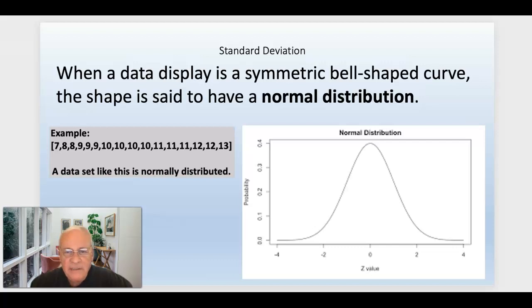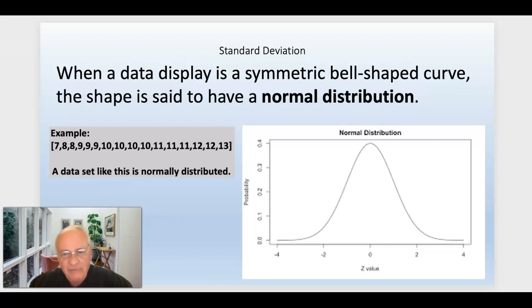Now, when data is symmetric, a bell-shaped symmetric curve, it's said to have a normal distribution. We're going to look closely at normal distributions late this week and early next week, but it's important to know what one looks like. We used one last week when we had the 2 dice activity and rolled them.